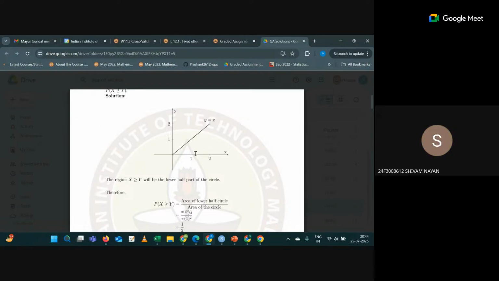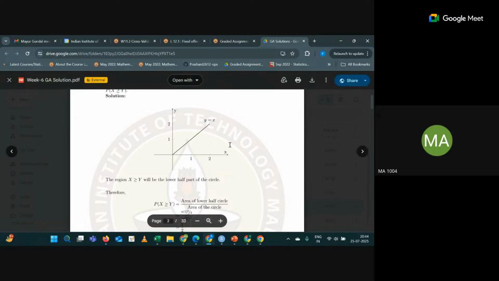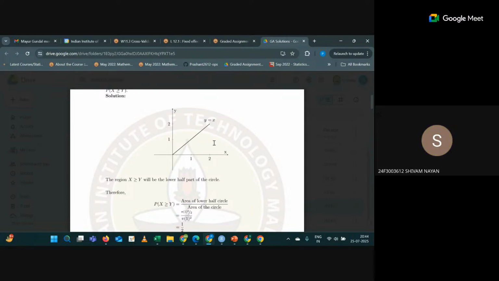Radius is 1, but the area is half, because we are interested in the lower half only, not the full circle. Yes, this lower half. Similarly, if you are asking probability x less than or equal to y, then you are talking about the upper half. Then you have to do it like that.